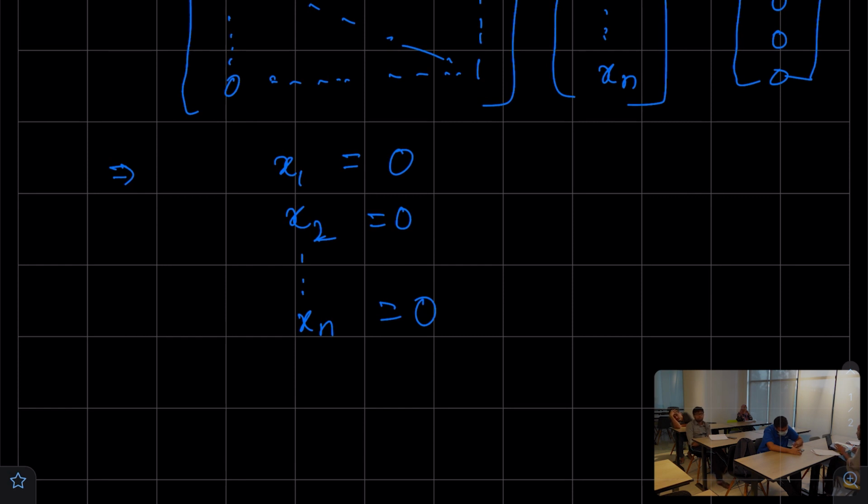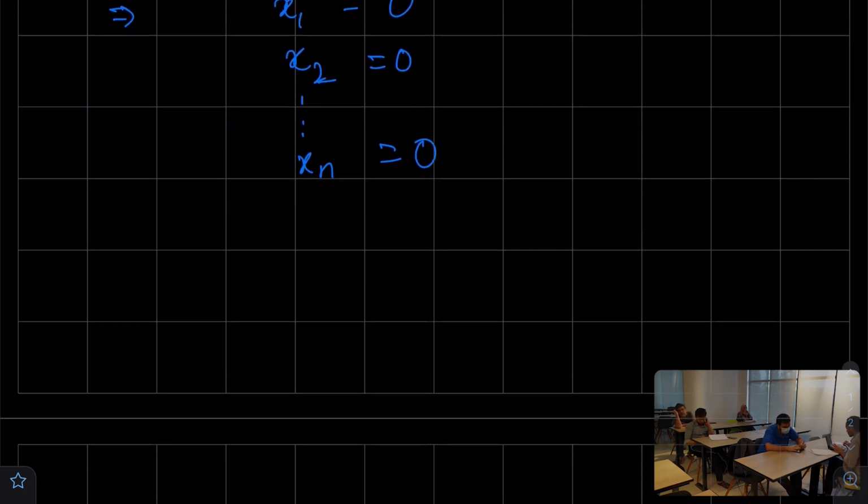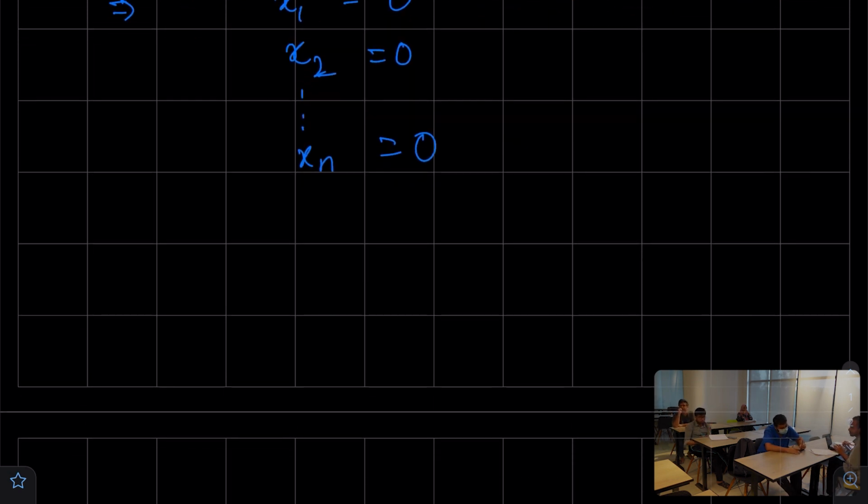So that means this is the trivial solution of the system, and it is only true if A is row equivalent to the n cross n identity matrix. Okay. Now today let us consider the inhomogeneous system.